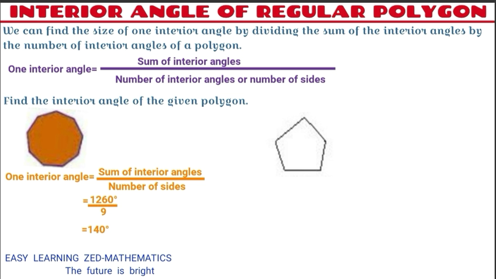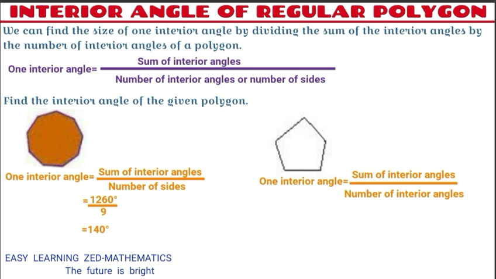Let's come to the next question, which is a pentagon. One interior angle is equal to the sum of interior angles divided by, this time, the number of interior angles, so I'm going to write it over the number of interior angles.